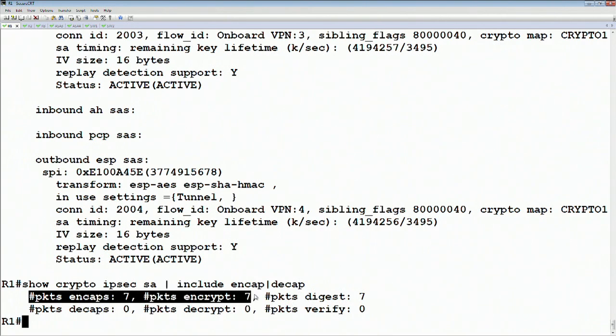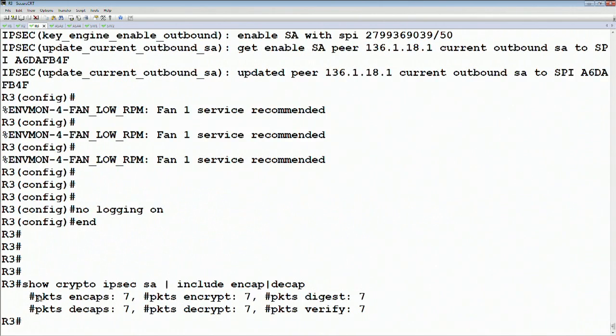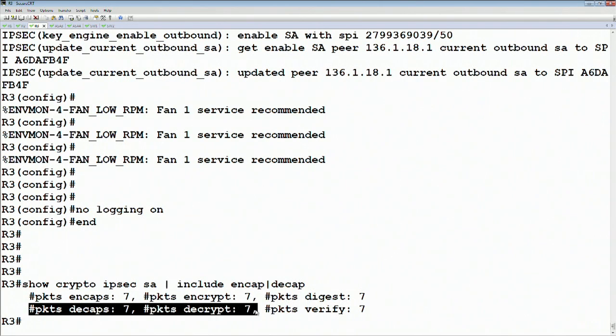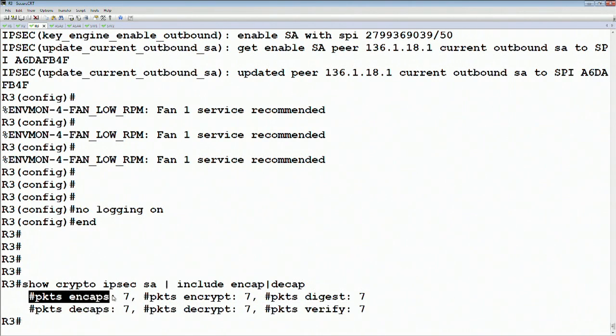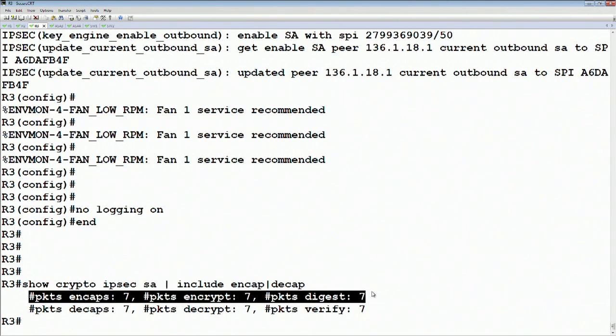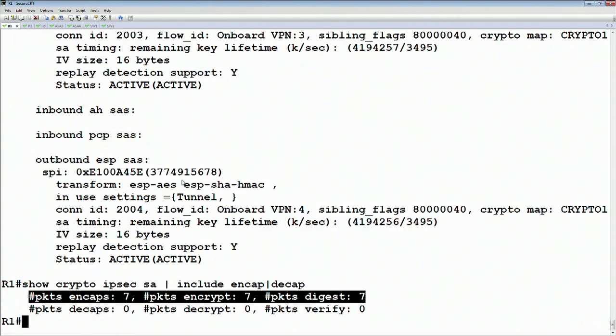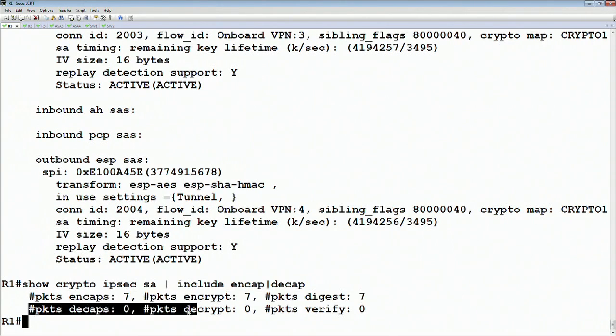They got encrypted and they got hashed. On router 3, we decapsulated those packets. They came inbound, we decrypted them, and we digested them. We then encapsulated 7 of our own packets. They got encrypted, they got hashed, but router 1 didn't receive them back.